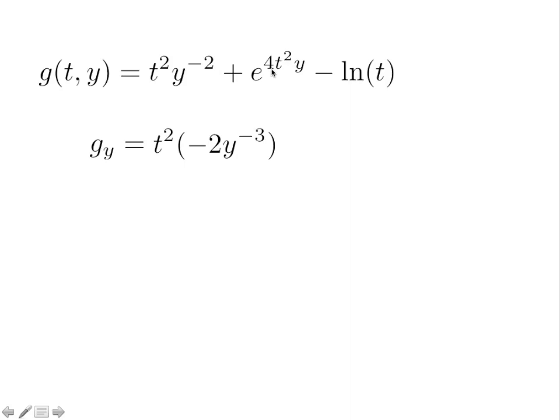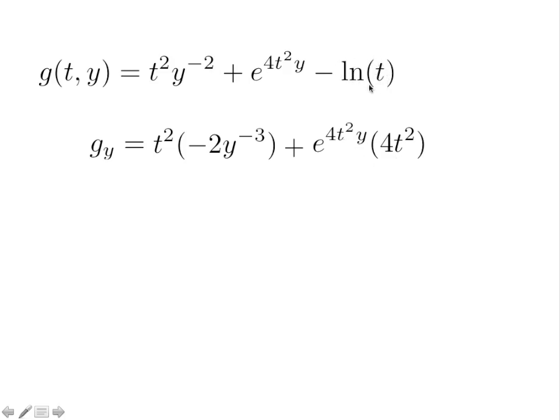That is the derivative of the outside function multiplied with the derivative of the inside function. So that is the derivative of the outside function, e to the 4t squared y, multiplied with the derivative of the inside function. The inside function, one more time, is 4t squared y, but we want to find the partial derivative with respect to y, and the derivative of y is just 1. So the derivative of the inside function 4t squared y becomes 4t squared.